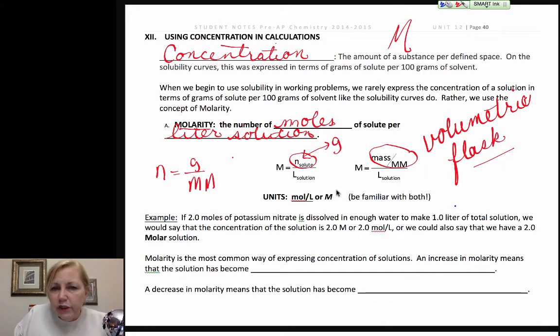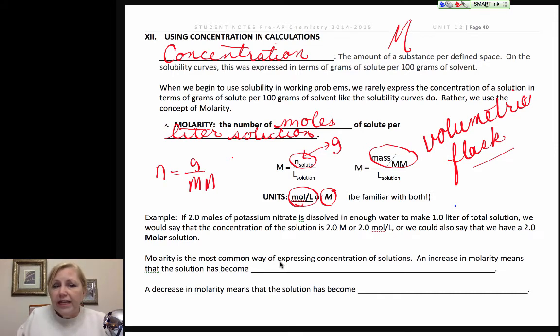All right? And you are allowed to use that big capital M. That's why I tend to use an MM for molar mass. It's not in books, but I think it helps you keep those clear for a while. Or you can put moles per liter. Okay? So it is one of the most common ways of expressing the concentration in solution.